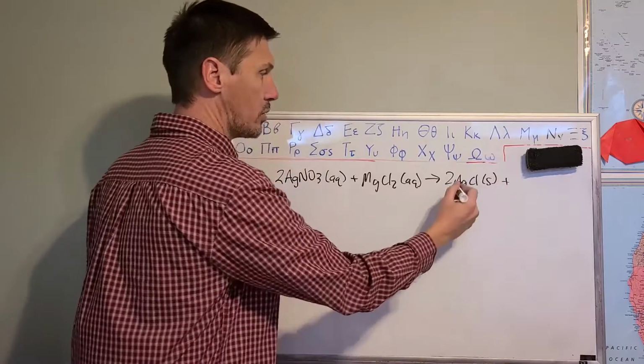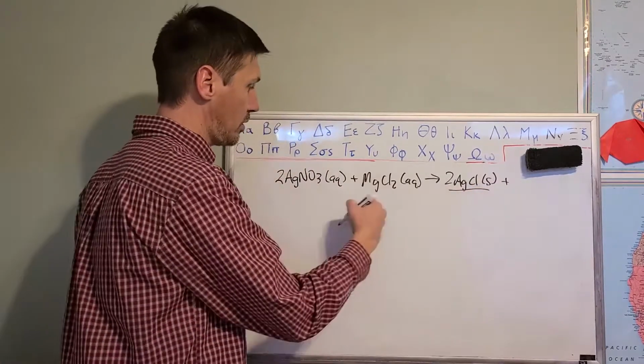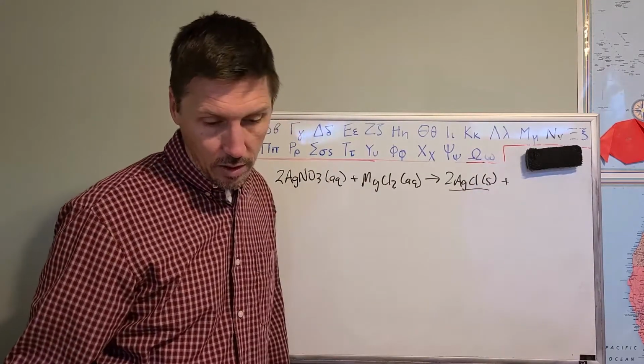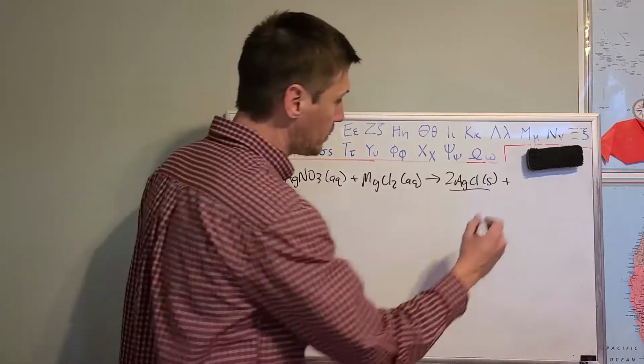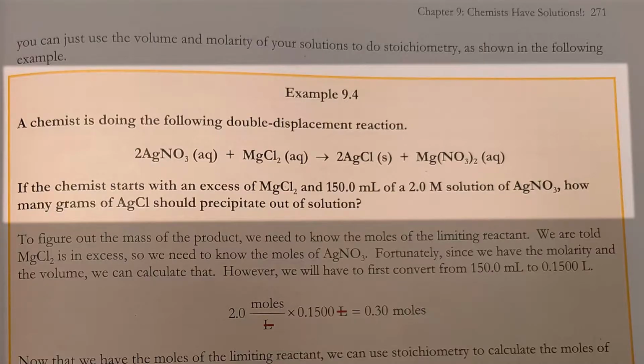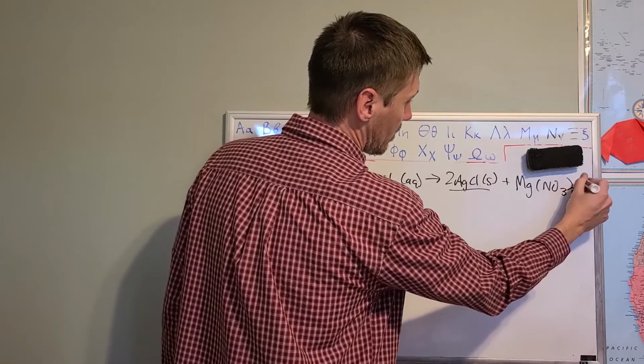What is that? We call that a precipitate. That's the solid that emerged whenever we combine these two aqueous solutions, plus Mg(NO3)2, and there's two of those, aqueous.